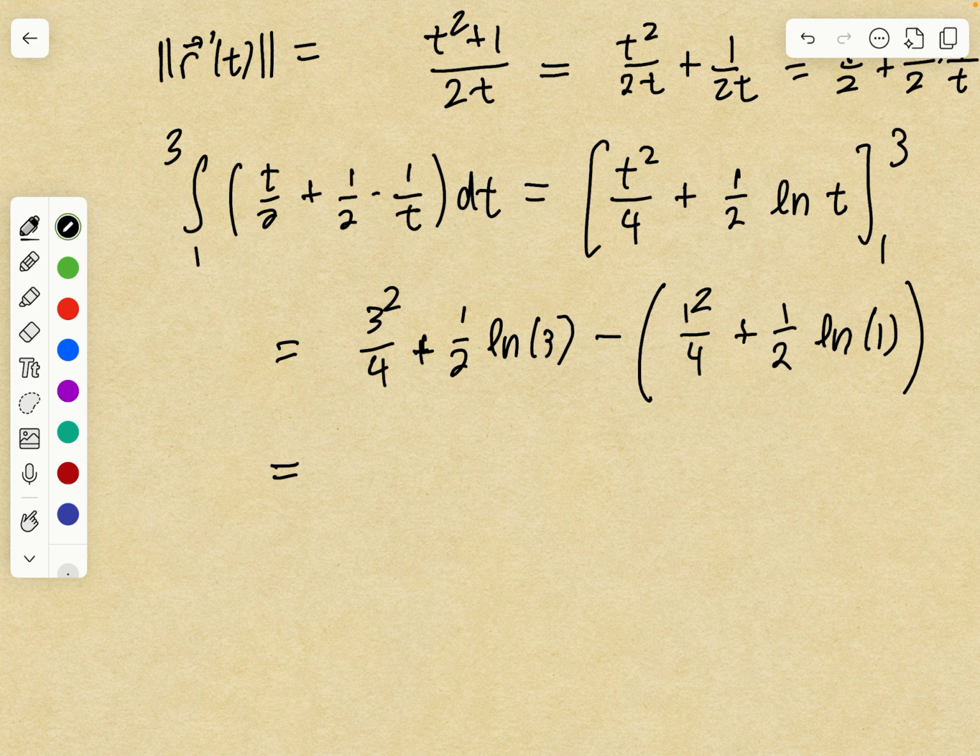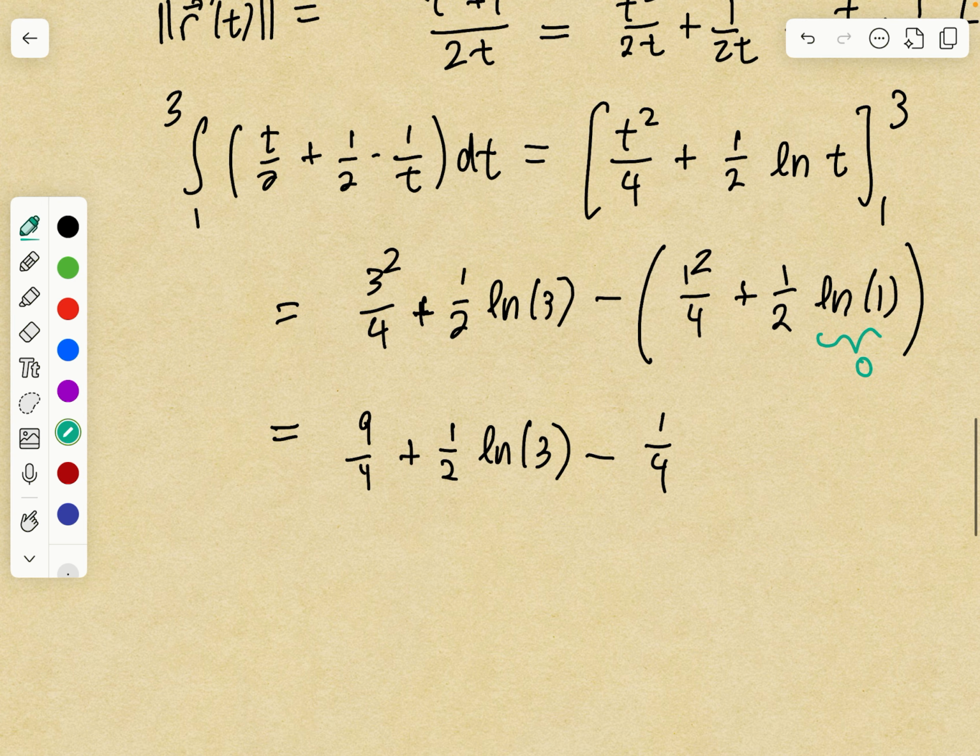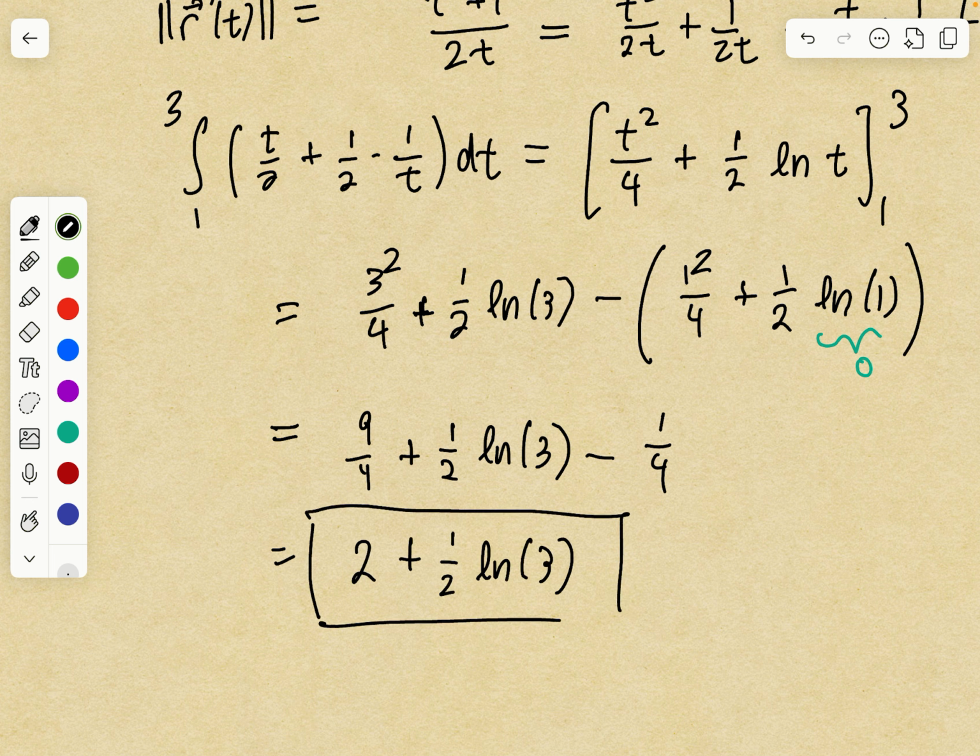How does this simplify? 3 squared is 9, so I get 9/4, plus 1/2 times the natural log of 3, and then minus 1 squared over 4, which is 1/4, and the natural log of 1 is 0, so 1/2 times 0 is 0. And then 9/4 minus 1/4 is 8/4, that's 2. So we get 2 plus 1/2 times the natural log of 3, and that's the answer.